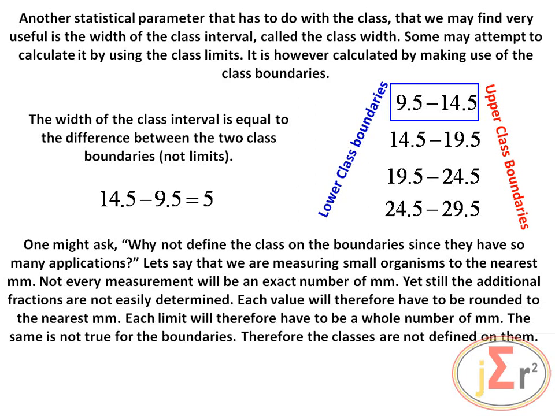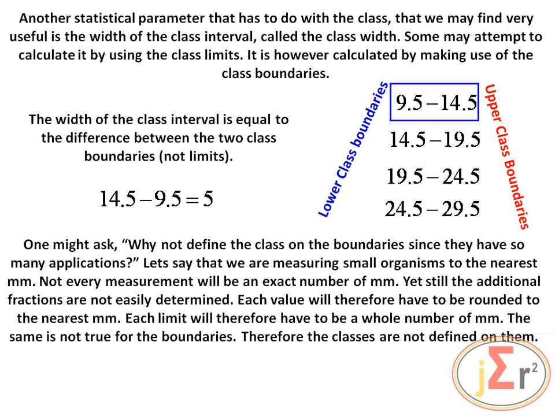So we will round to the nearest millimeter because not every measurement will be an exact number of millimeters. Each value will therefore have to be rounded to the nearest millimeter. Each limit will therefore have to be a whole number of millimeters. The same is not true for the boundaries.